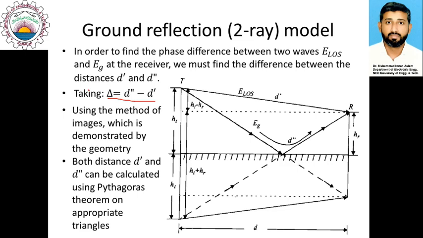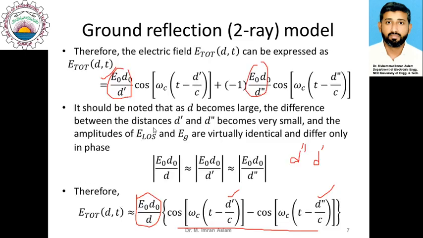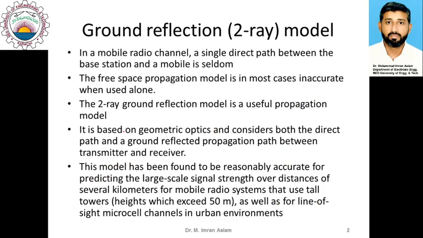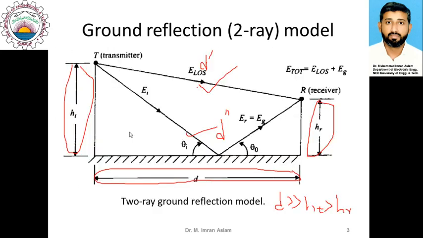Okay, how can we calculate the difference between d double prime and d prime? A simple method which is known as the method of image is very useful in such cases. Actually, what is the method of image? Let me go back to the original model here. You can see this model here.